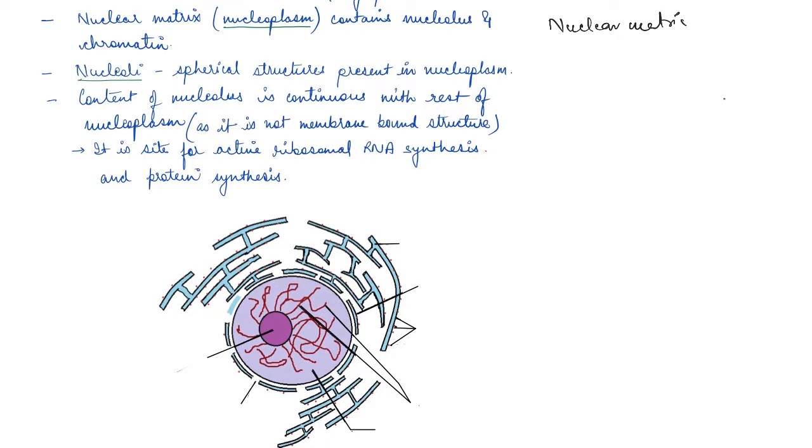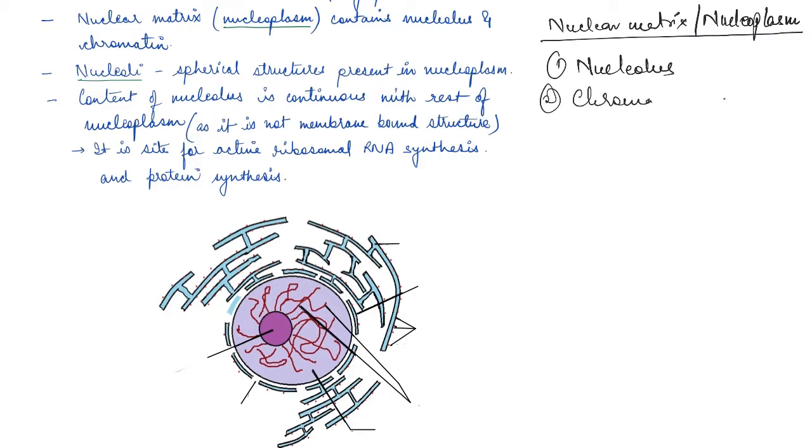Like we have cytoplasm inside the cell, we have nucleoplasm inside the nucleus. Now this contains one, nucleolus, and second, chromatin fibers. Right. So let's see what exactly the nucleolus is. The plural is nucleoli, guys.